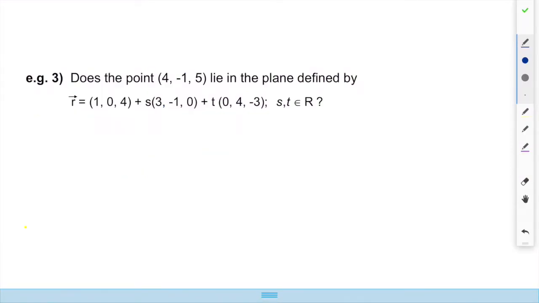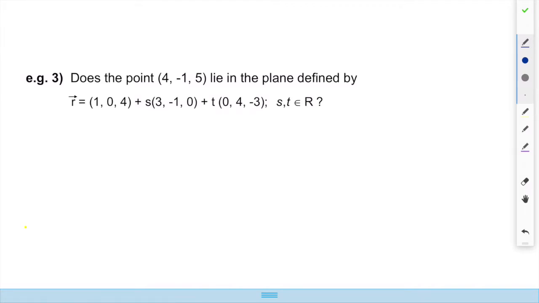And then let's take a look at example 3. A very typical question, right? Does the point 4, -1, and 5 lie in the plane defined by r? All right. So I think the most straightforward way to do this is really to substitute the point into the equation and see if we will be getting any consistent s and t values. Okay.